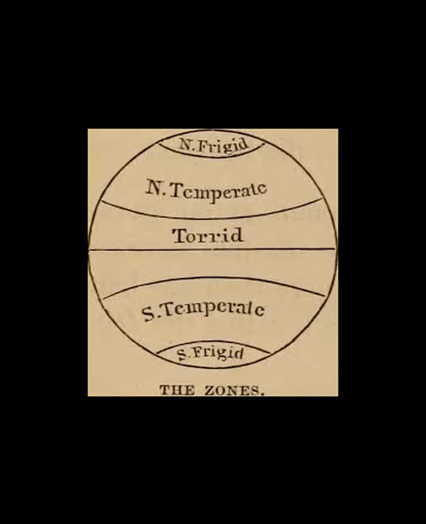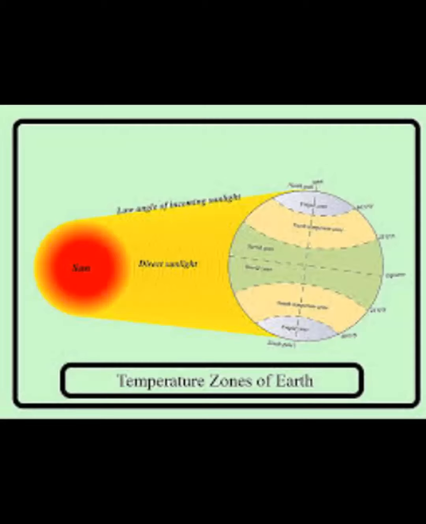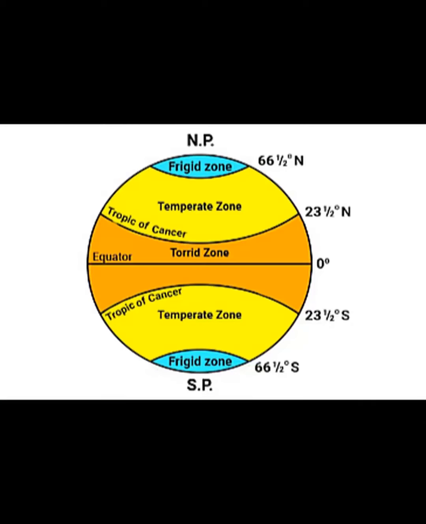Now children, last part of this lesson, that is heat zones. Now see, heat zones are the different zones of the Earth where the sun's rays fall differently, thus causing different climate patterns.